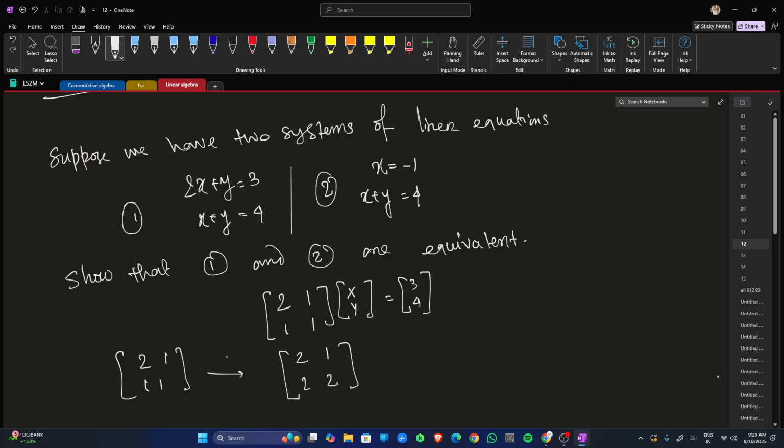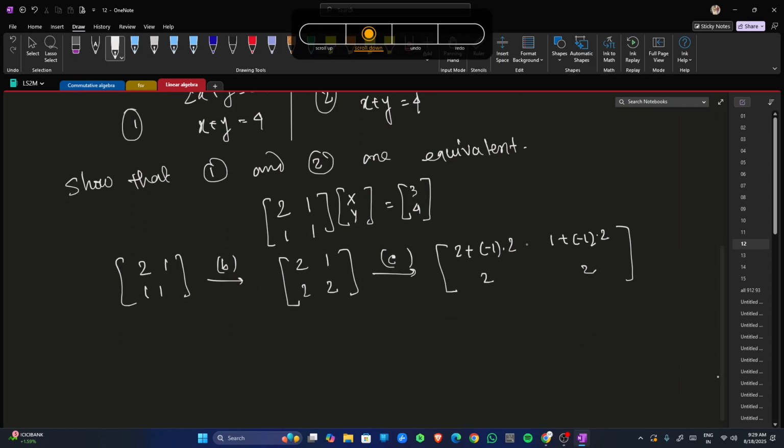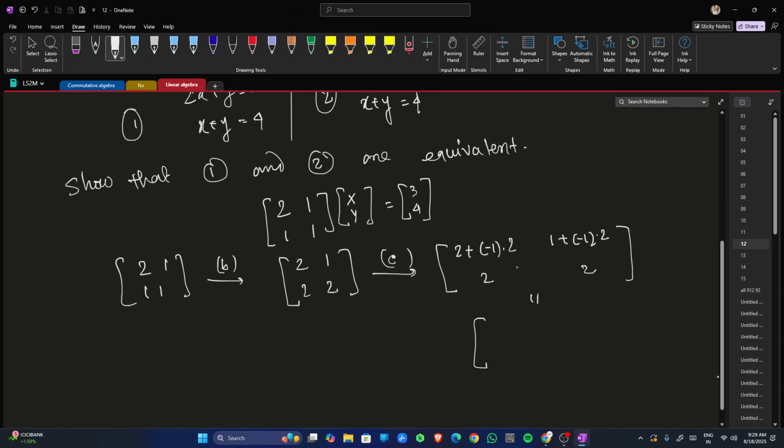Yes, you can, that is B. Now if you apply C, you get 2 minus 2, 1 plus minus 1 into 2, and so on. This becomes 0, this becomes minus 1, this becomes 2, this becomes 2.